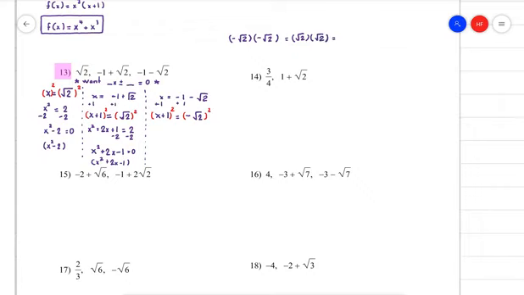Whenever you have a radical multiplied by itself, you just remove the radical symbol, and so this is just 2. So we're left with x squared plus 2x plus 1 is equal to 2. And then we'll subtract 2. And we get x squared plus 2x minus 1 is equal to 0. And we see that that's the exact same as the one from before.